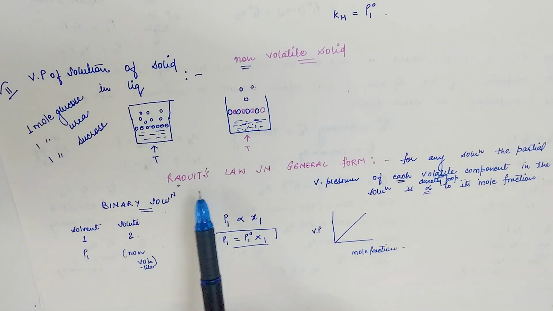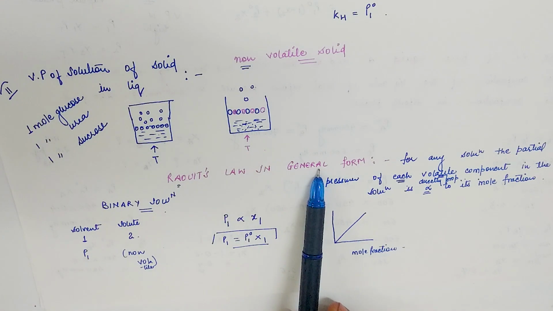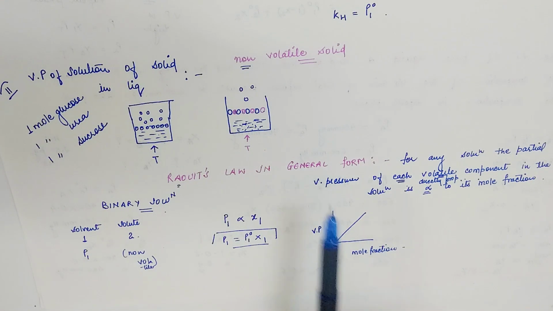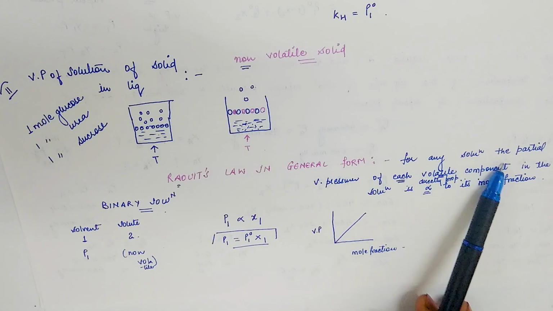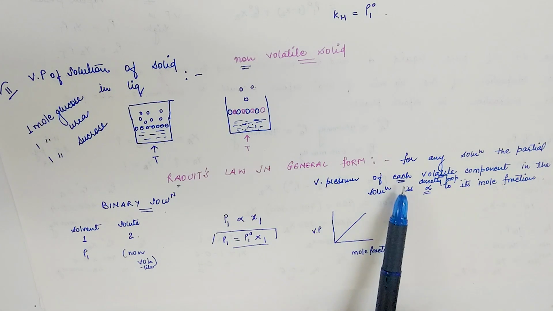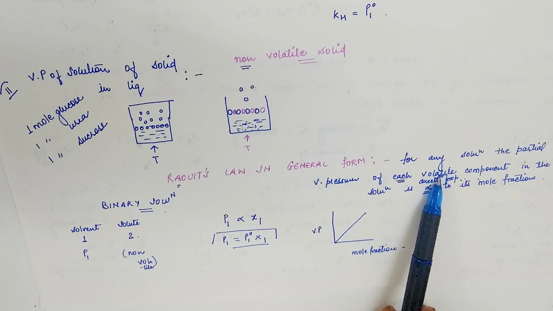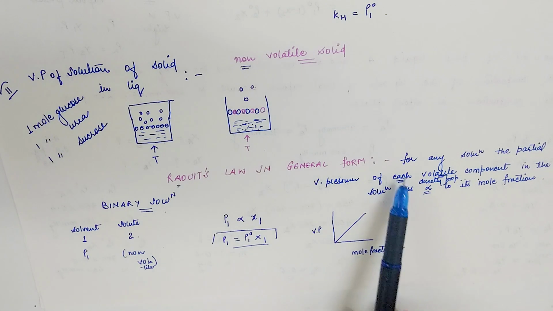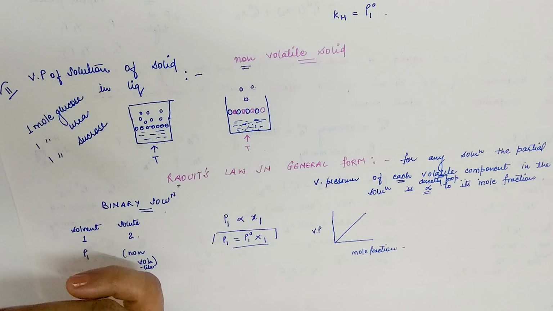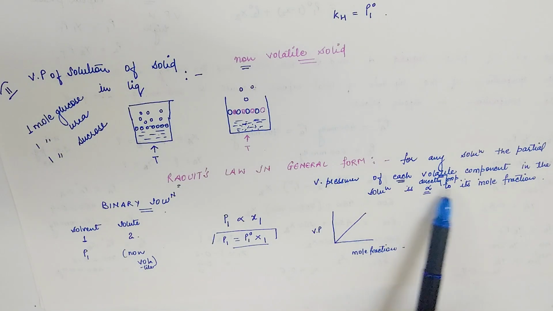Then Raoult's law gave a general form of his law and said that for any solution, the partial vapor pressure of each volatile component, here the word volatile is important, we have written each component because both were volatile, in the solution is directly proportional to its mole fraction.